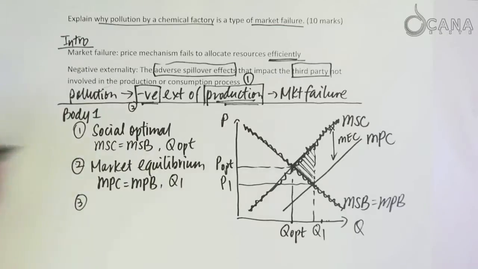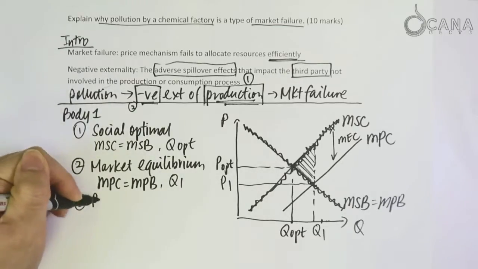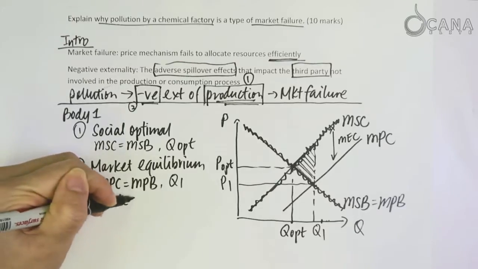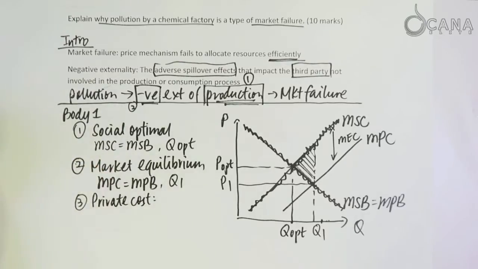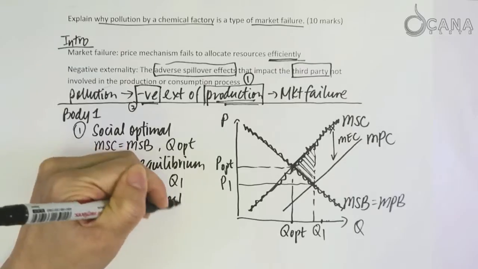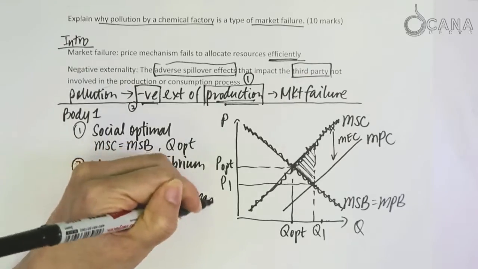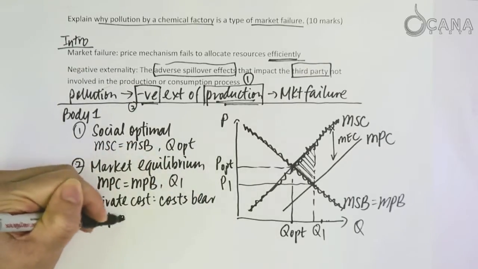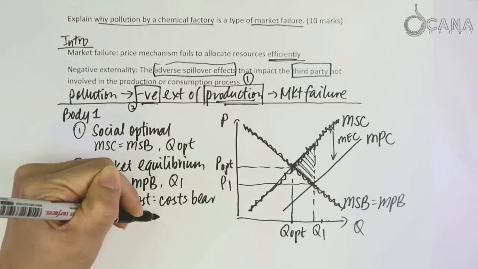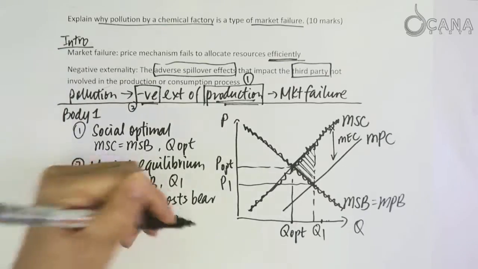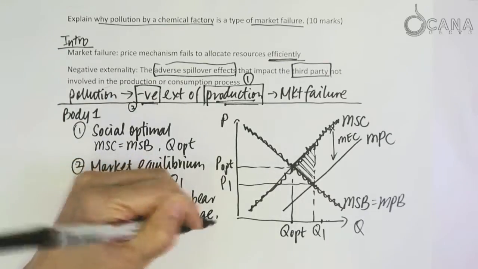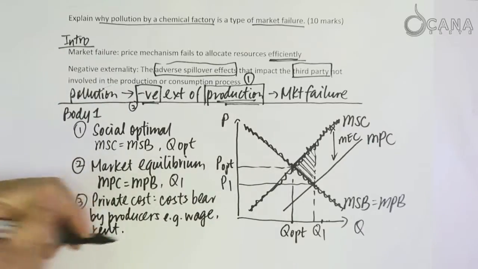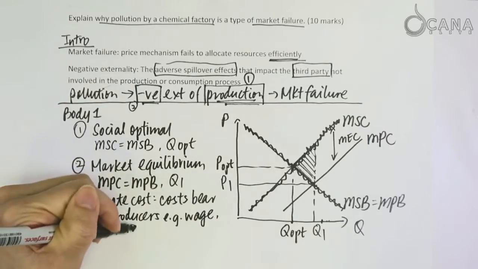And number 3, try to include the real-life example in your answer. I would go by saying that the private cost is actually the cost borne by the producer. And it's always great to give examples. For example, could be the wage in this case, could be the rent in this case, could be the raw materials in this case.